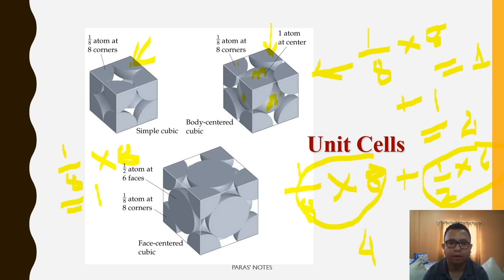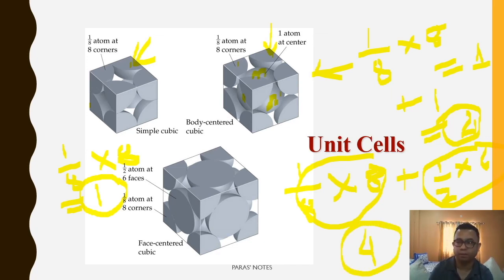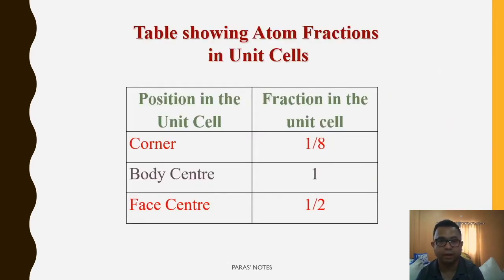So if you are asked the rank of a simple cubic, it is 1, only one particle is present in this unit cell. In a body centered, what is the rank? The rank is 2, because 1 in the middle and 8 corners make 1, total 2. And in the case of face centered, the rank is 4: the 6 faces are equivalent to 3, and the 8 corners equivalent to 1. So that is what we call the rank.